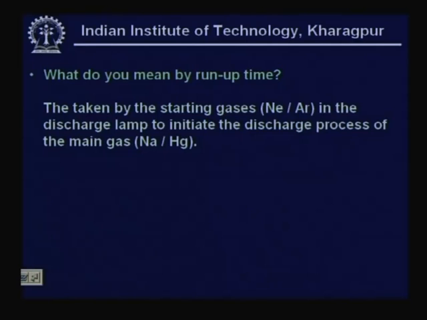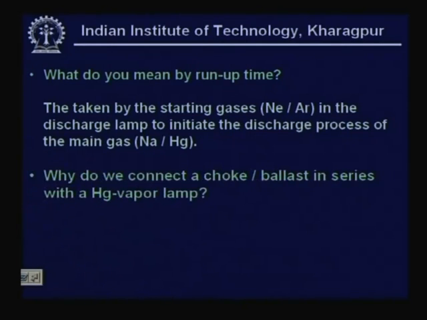We have seen, in fact the run up time used to be very large for the lamps in the initial phase, and these days we have fast run up of less than 5 minutes. In fact, we have studied that sodium and mercury vapor lamps did have large run up time of 20 minutes etc. These days we have them within 5 minutes.